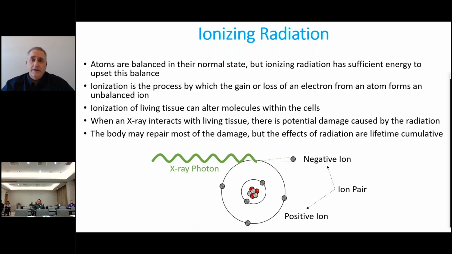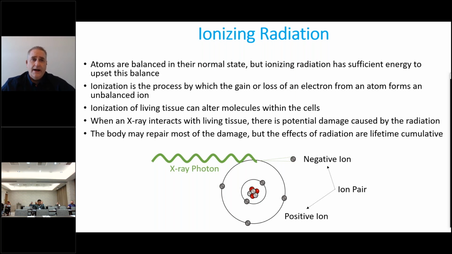So if, when I'm getting a chest X-ray done, one of the gazillion photons that are produced happens to hit an electron in one of my cells, it has the ability to eject that electron. And when it does that, it physically changes the atomic makeup of that atom. If that happens in DNA, you have now created an alternate type of DNA that was not what was originally there. The reason this is significant is because cells replicate.